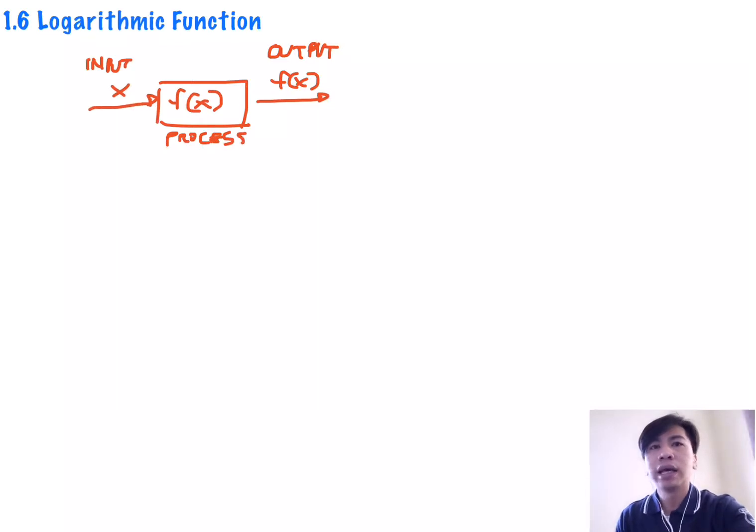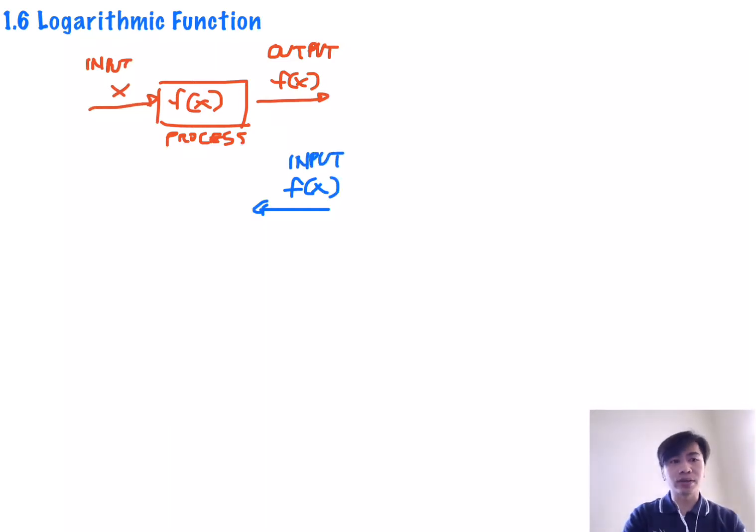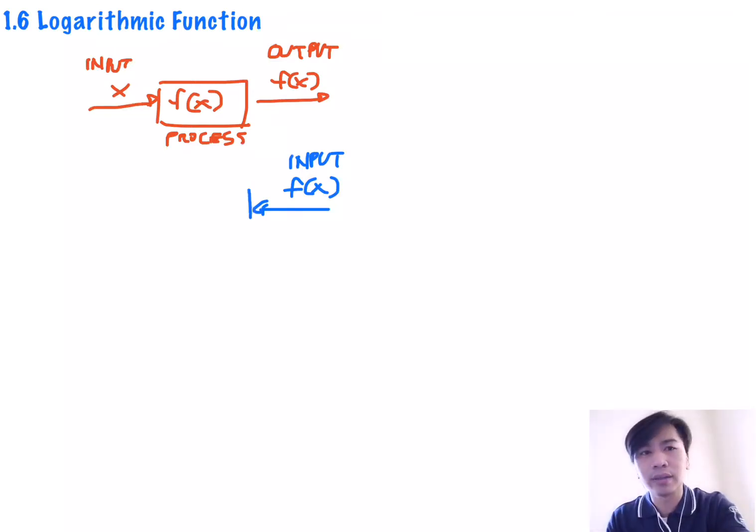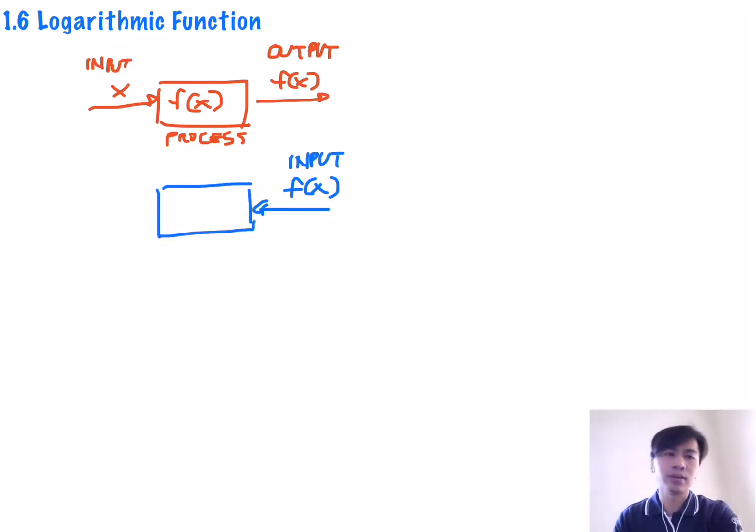Let's say I want to have, instead of x as the input, a f of x as the input. So I reverse the process. The arrow will switch into the opposite direction, and then I will need another function that can produce the x as the output.